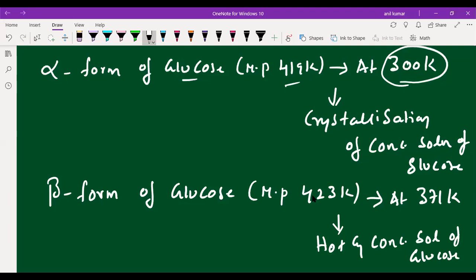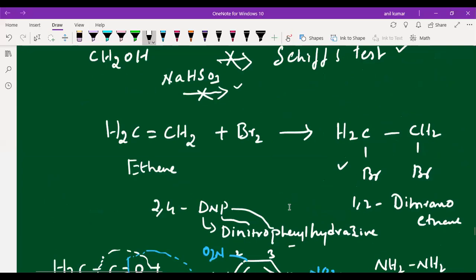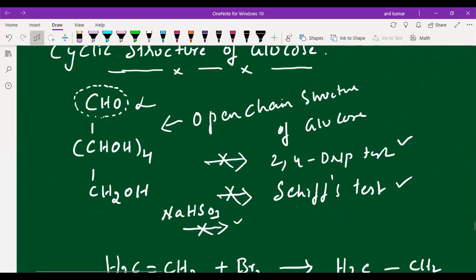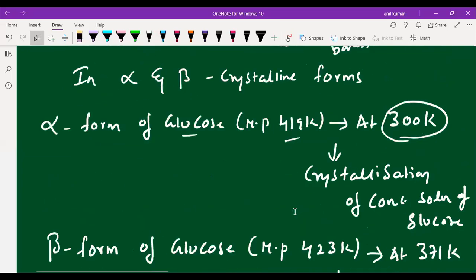So the existence of the alpha form and beta form of glucose was not explained by the open chain structure of glucose. The open chain structure didn't explain the reaction with 2,4-DNP, it doesn't explain the reaction with Schiff's test, it doesn't explain the sodium bisulfite test, and it doesn't tell about the existence of alpha and beta crystalline forms of glucose.